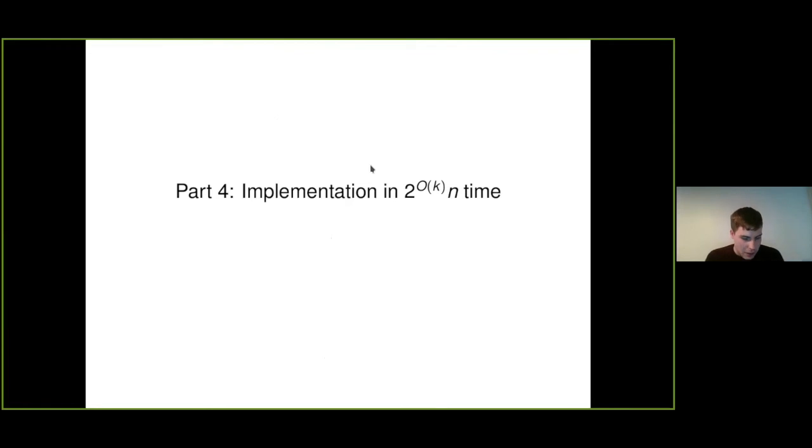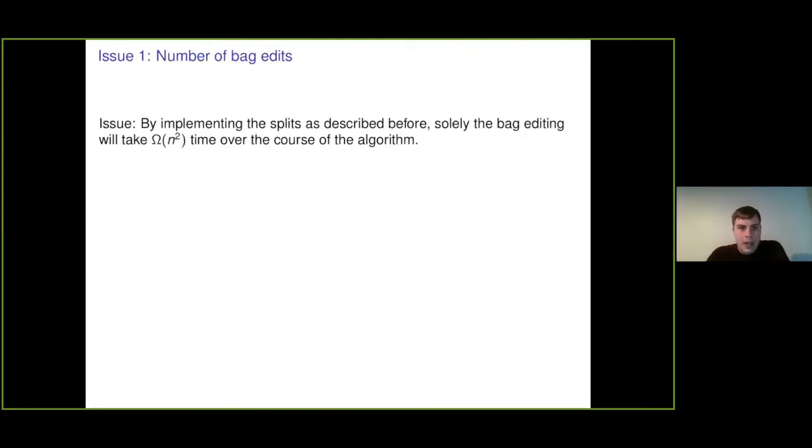So let's go into optimizing this dependency on n from quadratic to linear. The first issue we have with this algorithm is that we might need to split the tree decomposition n times just to increase the width by 1.